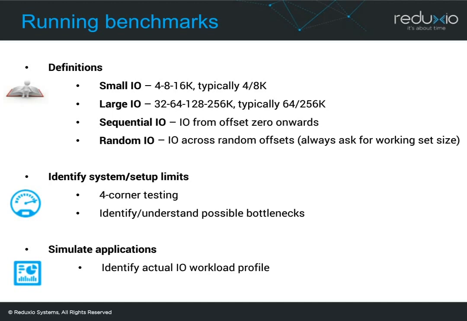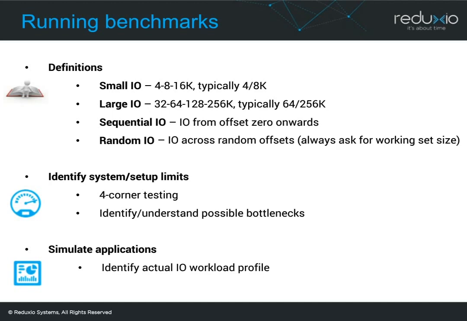In most cases these days it's 64K or higher, up to 256K, which is some of the OS's maximum I/O size. This typically represents a large I/O. Sequential I/O is when I read data from beginning to end, more like a backup stream where I read everything, or I write everything into a certain system or read it back.